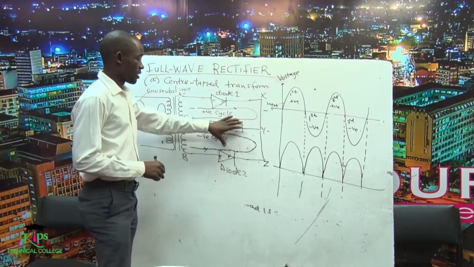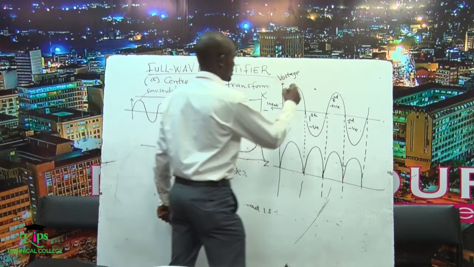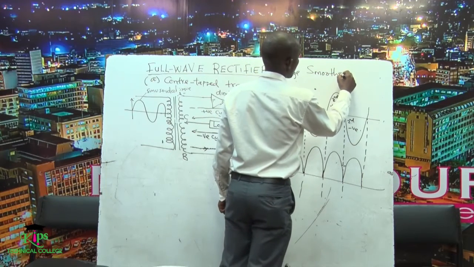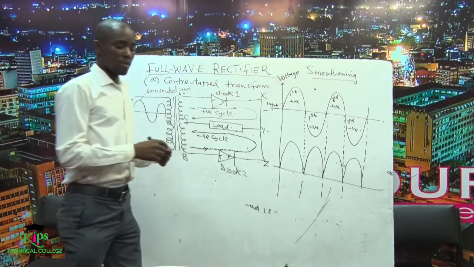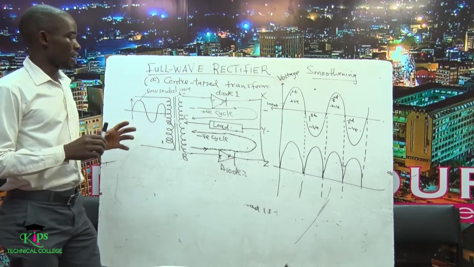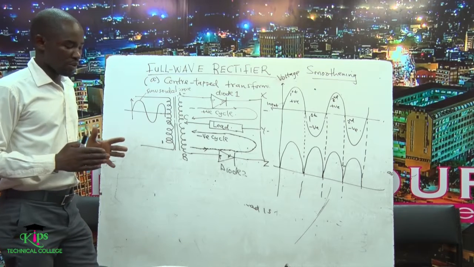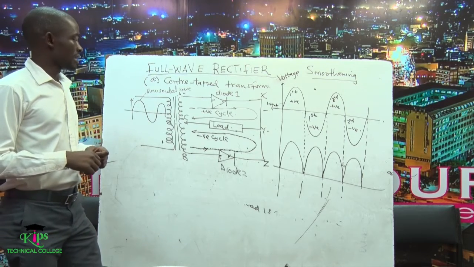Finally, if you connect a capacitor across the load, the function of the capacitor is to smoothen the output. This is something called smoothening. Smoothening means you want to make this kind of output as direct as possible, to remove any traces of AC waveform that might have sneaked in.